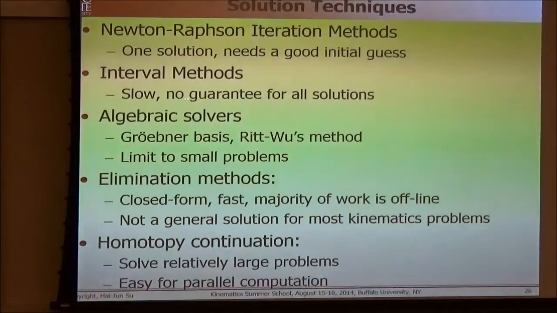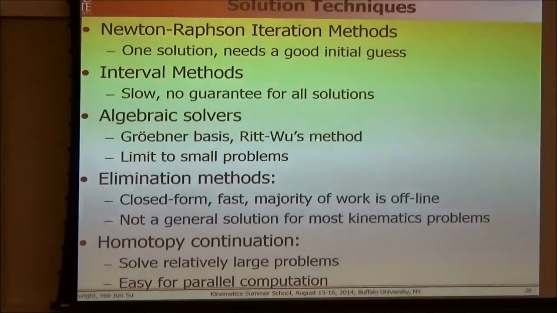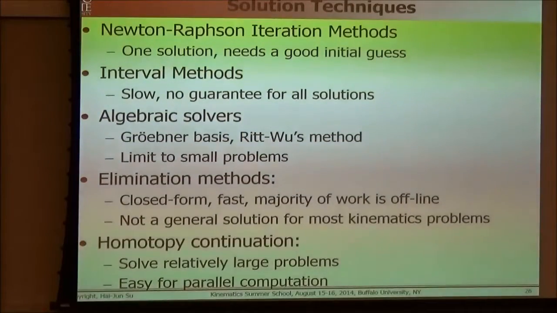Interval methods have no guarantee of finding all solutions unless they exhaust all possible intervals. Algebraic solvers include Gröbner basis and the Ritt-Wu method, by a Chinese mathematician, which is similar to the Gröbner basis method.